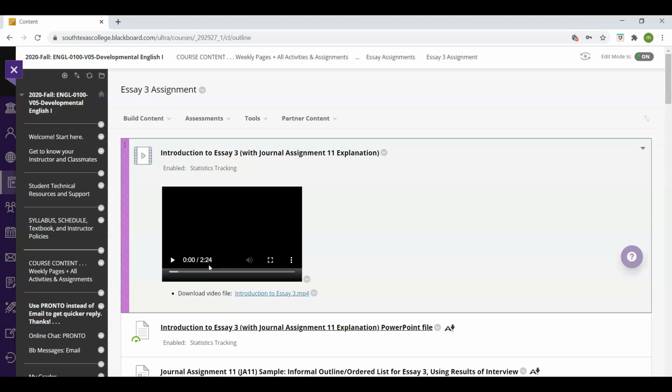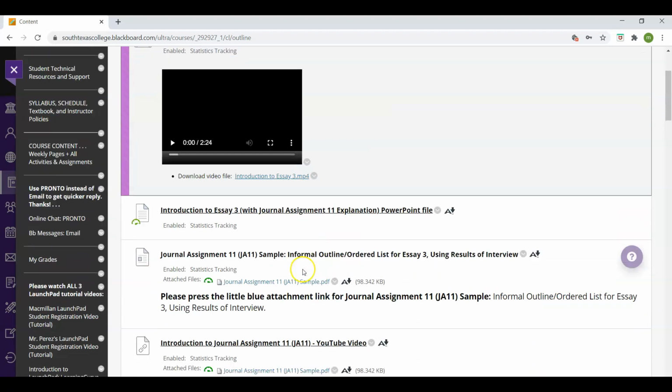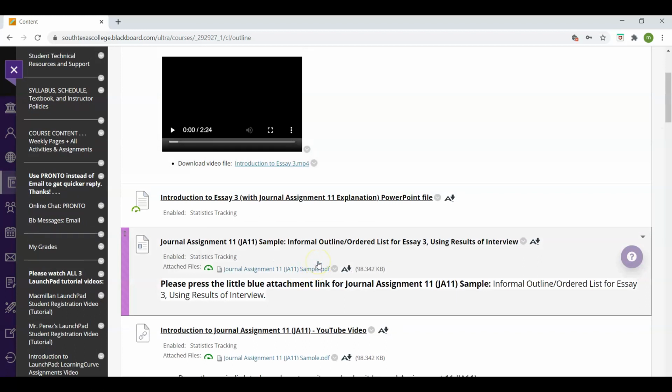It's very important that I have the materials that I need to explain this assignment, but of course you also need to have the materials you need as you write your journal assignment 13, and also as you write essay 3 as a whole in its complete form.